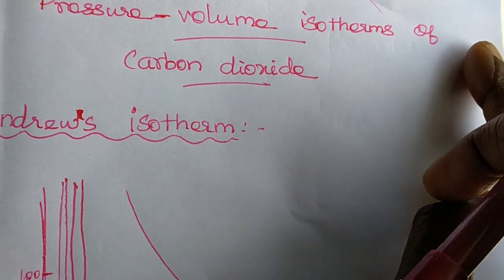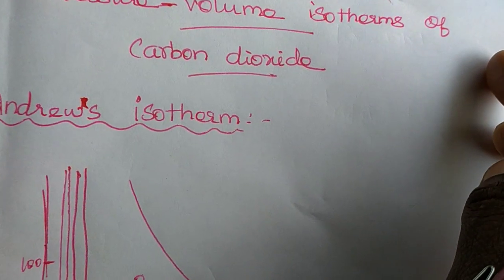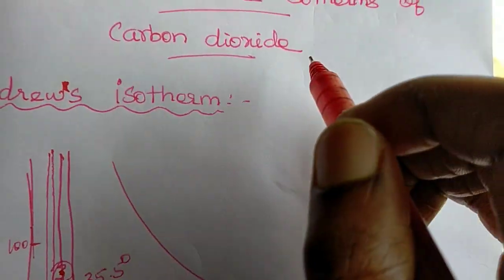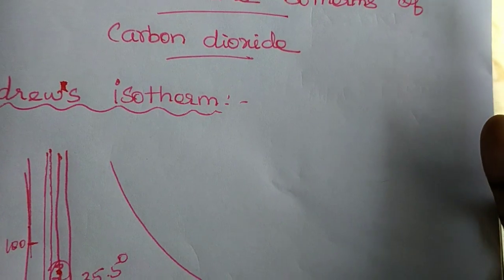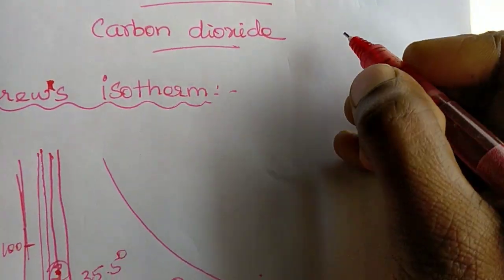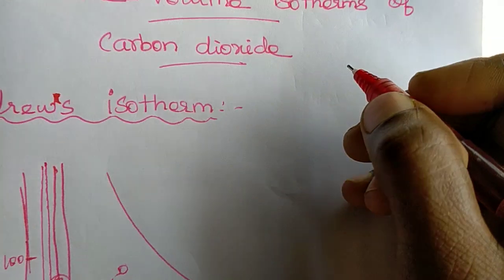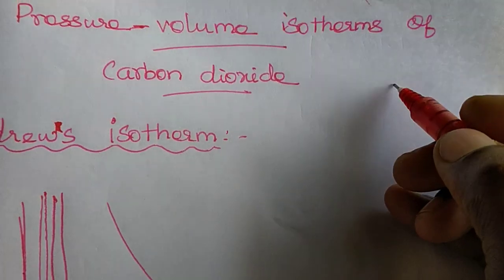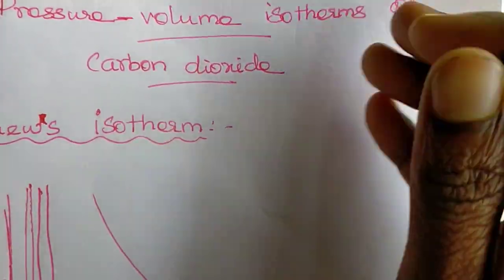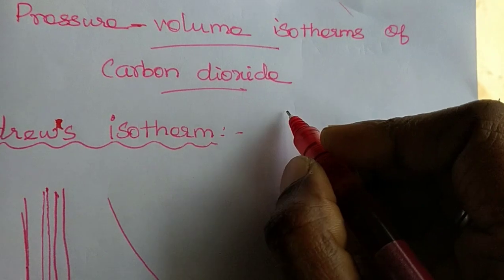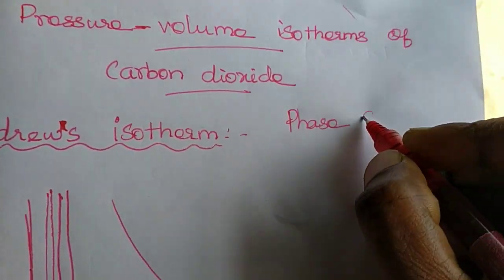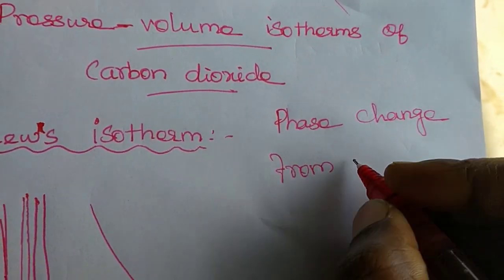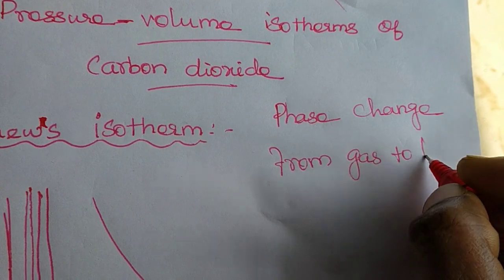So what is the process going on under this Andrews isotherm? What process does the pressure volume isotherm of carbon dioxide undergo? It is liquefaction of gas. That means the gaseous carbon dioxide is converting into liquid form. Okay, so the phase is changing from gas to liquid.